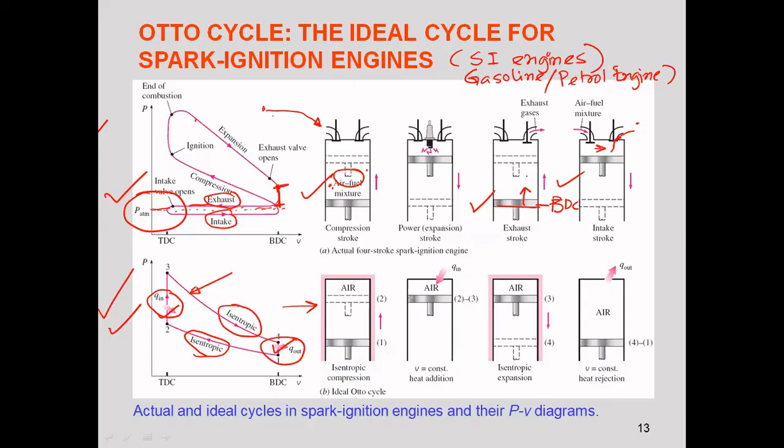As in the case of intake, the piston was sucking or creating a vacuum by moving downward. Now in the exhaust process, the piston is moving upward, therefore it is kind of compressing the exhaust gas. But the piston cannot compress it effectively because the exhaust valve is open.